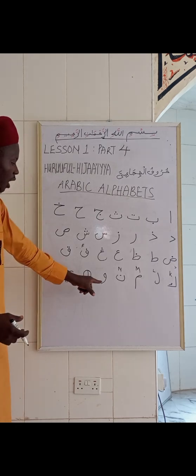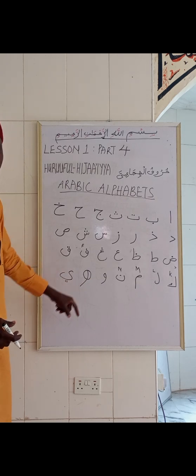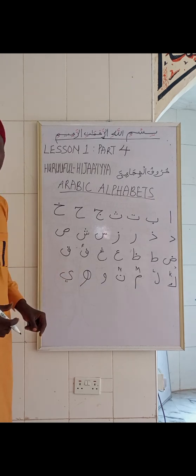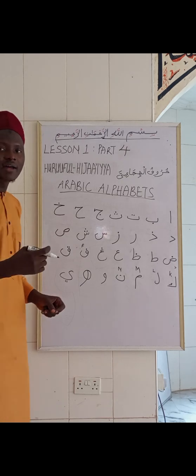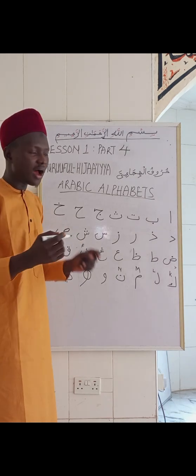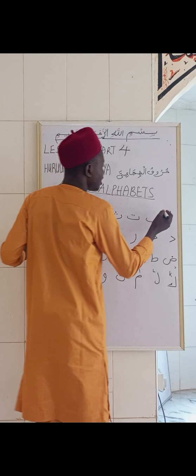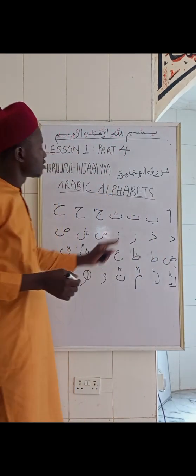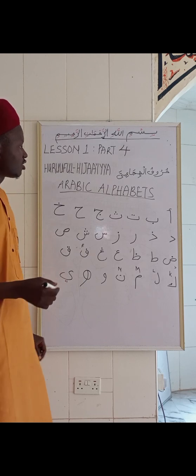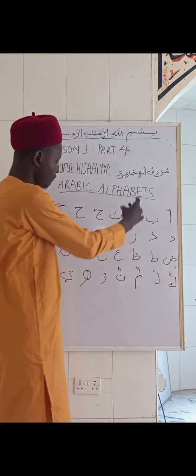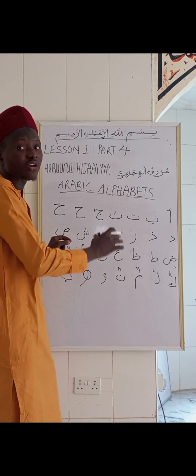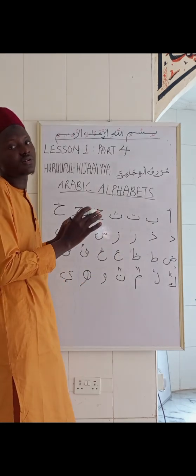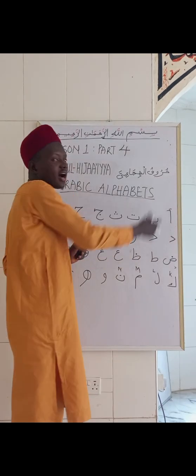After waw, there is ha, which they call the big ha. Let's put a Hamza here. This one is not ha, it's Hamza, because we are talking of the 28 sounds, not the forms we use to write them. Hamza and Alif are the same.